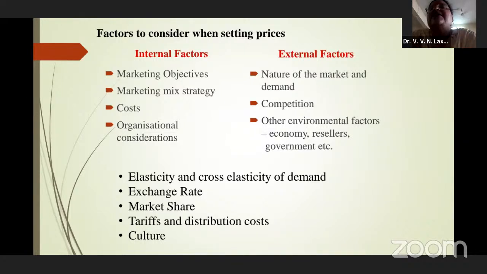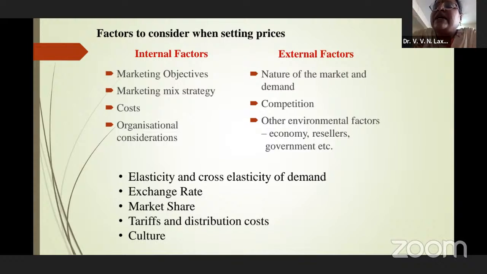Then there are external factors, the nature of market demand. How are the competitors? What is the price of the competitors? What is the demand? Is the company in a monopoly stage, or are the prices driven by the government, or are the prices driven by the market?